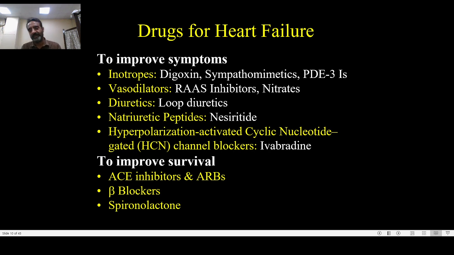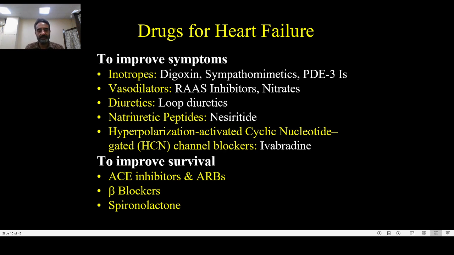Now we come to the drugs for heart failure. We can broadly classify the drugs into two. One are those which improve the symptoms only and do not affect the course of the disease. Others are those which can improve the survival rate in heart failure. Those drugs which are used to improve the symptoms are inotropes, which have positive inotropic action on the heart, that is, they increase the force of contraction.